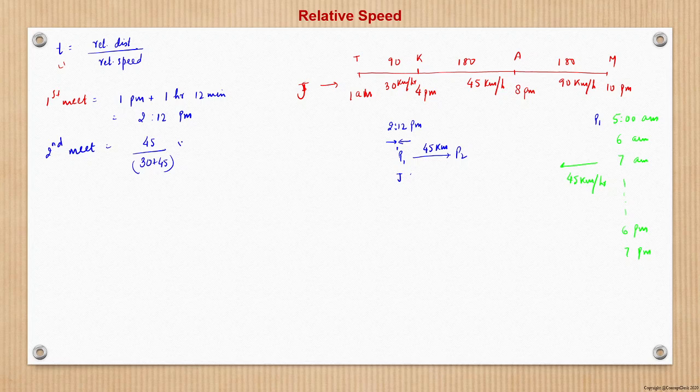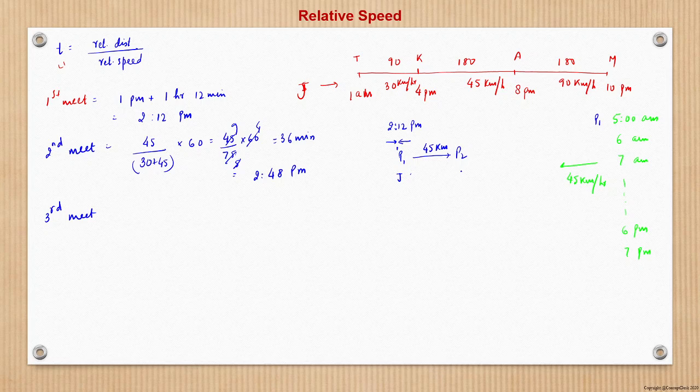So this is 45 upon 75, and into 60 to get minutes, so that is after 36 minutes. So 2:12 p.m. plus 36 minutes gives 2:48 p.m. The second meet happens. Then the third meet.